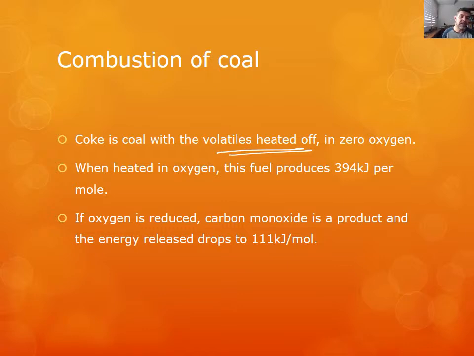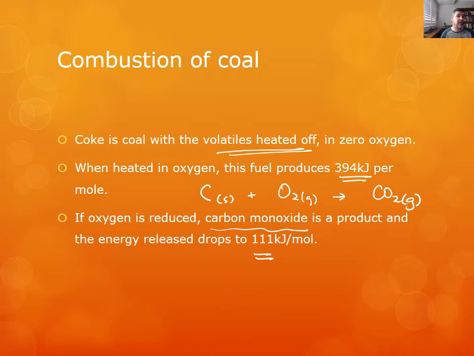But when this coke is heated in oxygen, the fuel produces 394 kilojoules per mole. And that's effectively an equation that just comes out as carbon and oxygen producing carbon dioxide. If the oxygen levels are reduced, then we can drop from carbon dioxide to carbon monoxide as a product, and we also reduce the amount of energy.